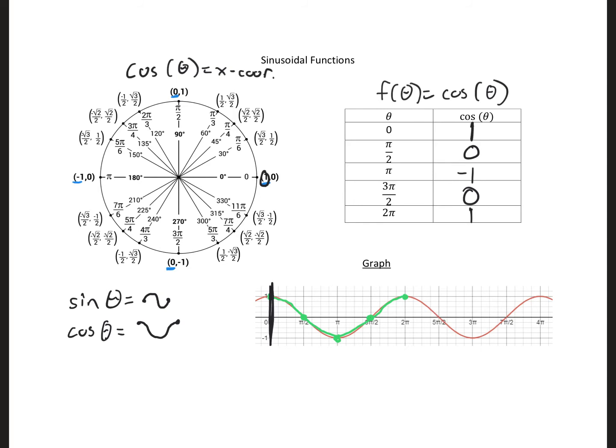Much like sine of x, for cosine, the period is 2 pi. The midline is y equals 0. And the amplitude is 1.